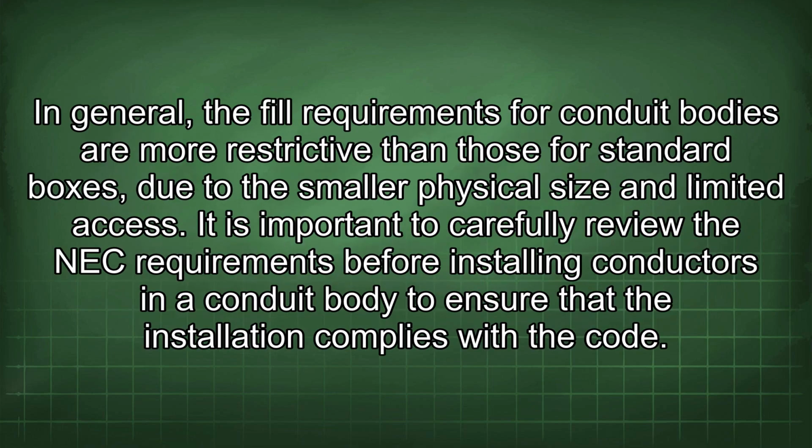In general, the fill requirements for conduit bodies are more restrictive than those for standard boxes, due to the smaller physical size and limited access. It is important to carefully review the NEC requirements before installing conductors in a conduit body to ensure that the installation complies with the code.